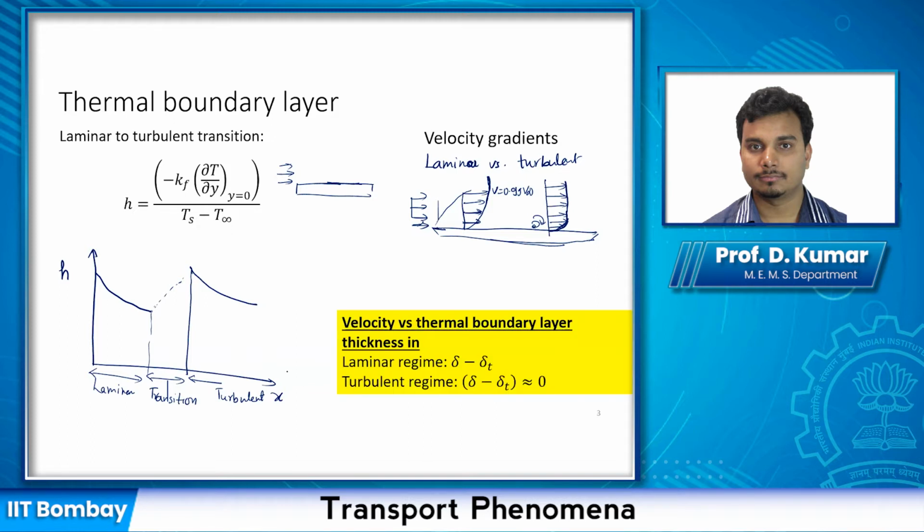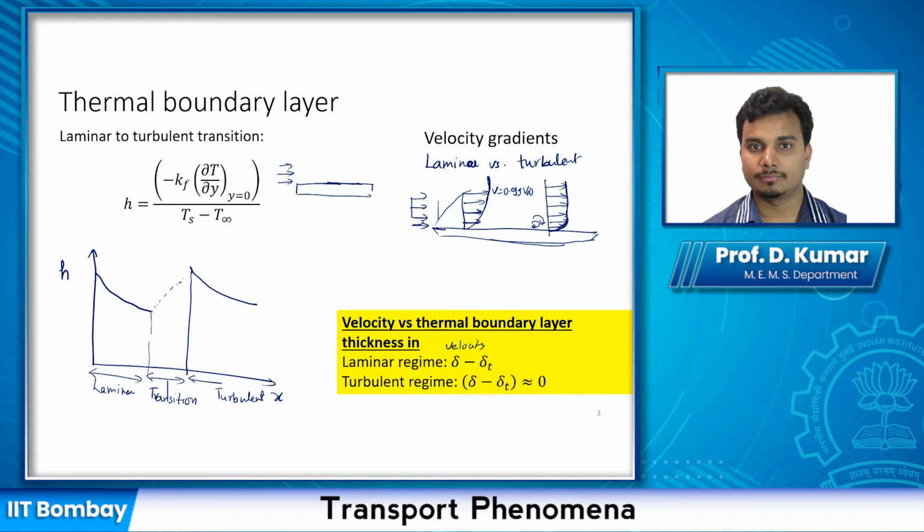Okay, we can also say that in the turbulent regime, if you want to compare the thickness of the velocity boundary layer versus, this is your velocity boundary layer, this is your thermal boundary layer, delta minus delta T, then in laminar regime, it will depend on what kind of fluid you have and so on.